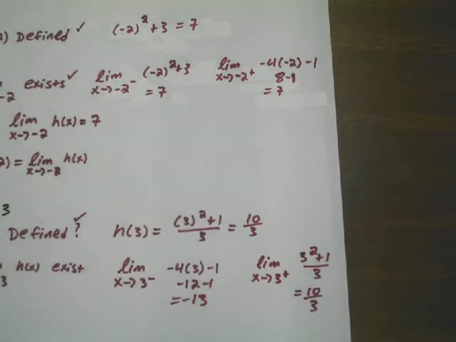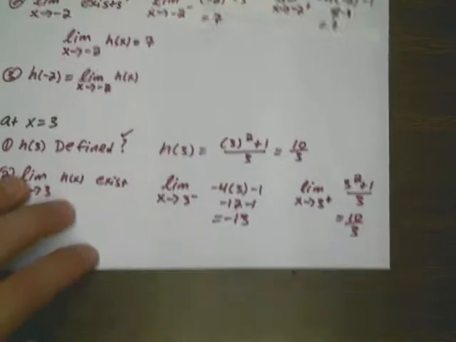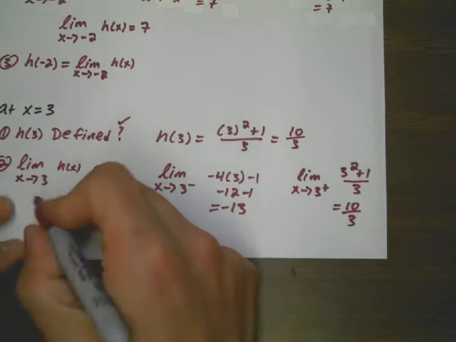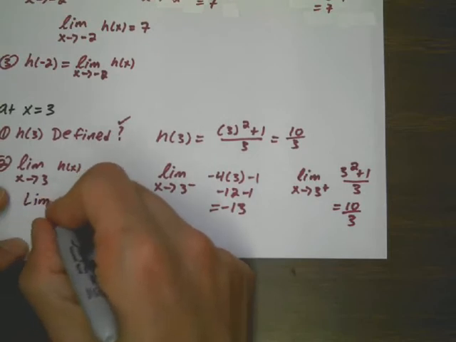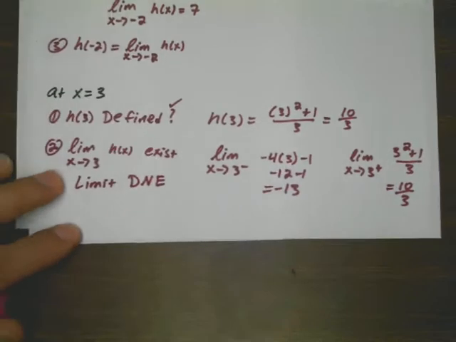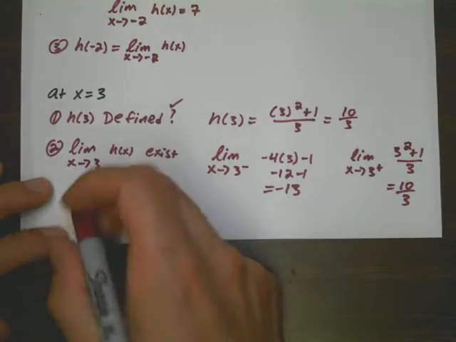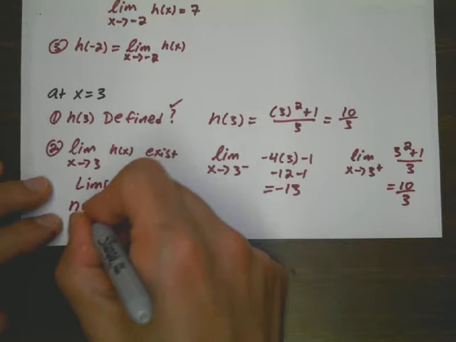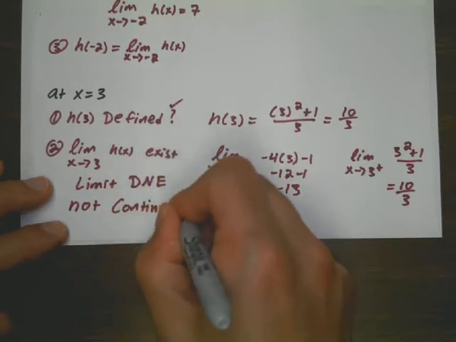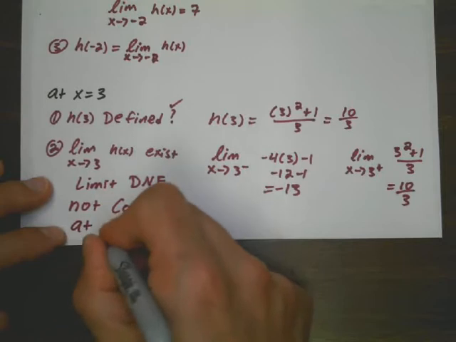You can see that this limit is not going to exist because different sides gave me different values, so this limit does not exist. And since the limit does not exist, you can say that the function is not continuous at x equal to 3.